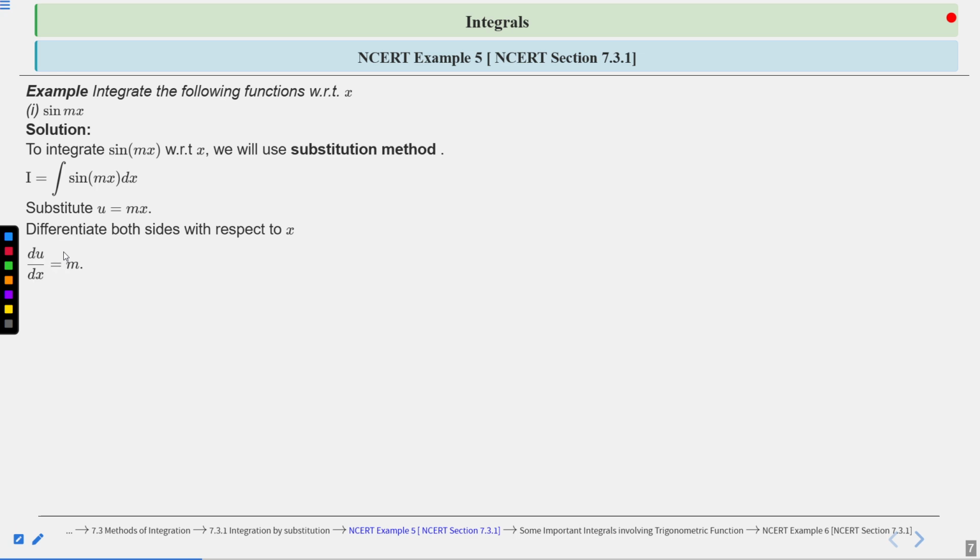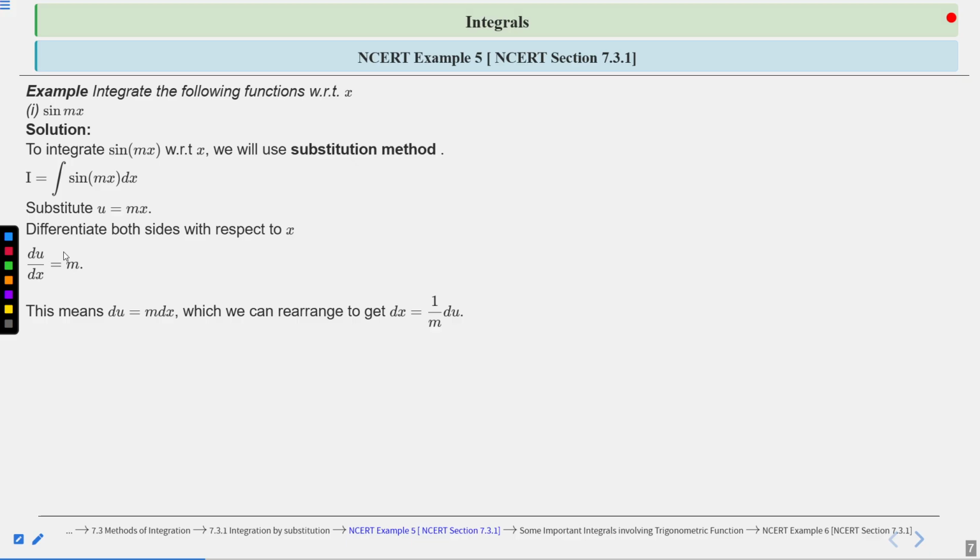So du by dx will be equal to m. This means du is equal to m dx, which we can rearrange to get dx is equal to 1 upon m du.